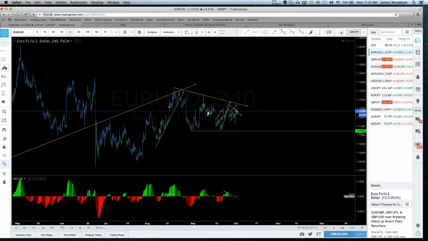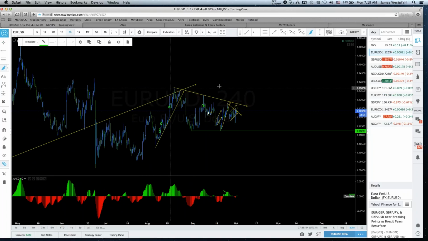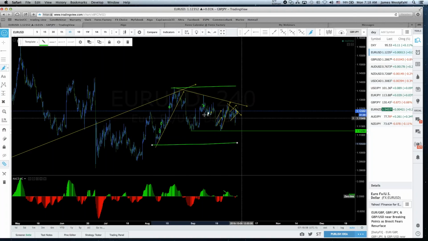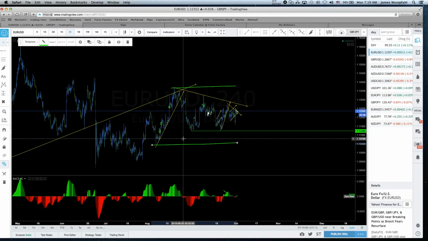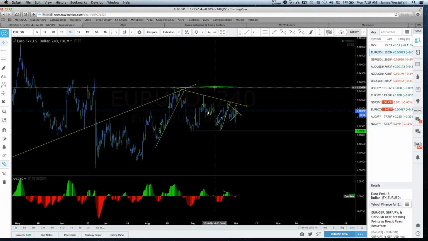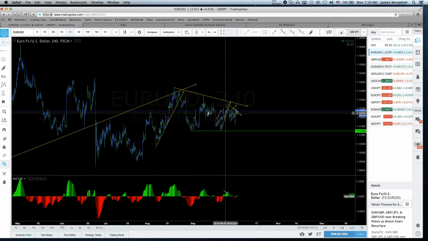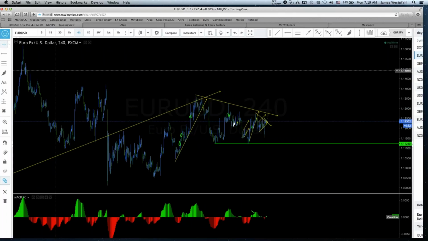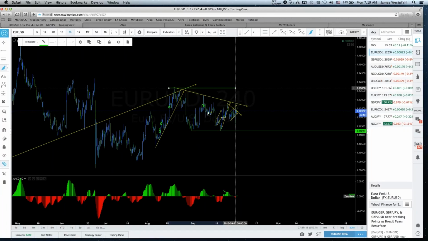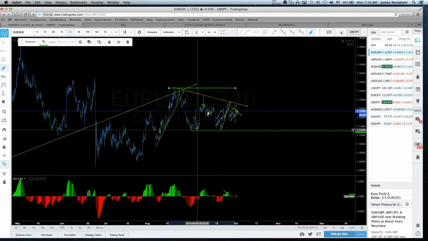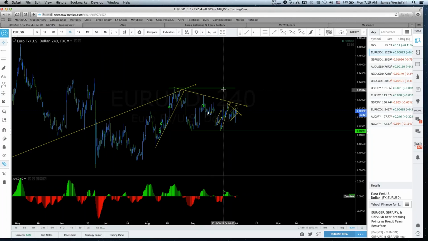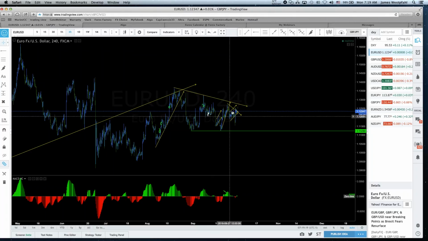So what I mean by that is this impulse high and low has not been broken, so it's still all corrective of this impulse. And then all this correction is inside of this high and this low. So we're inside of two impulses. So right now it's still in the middle of nowhere.